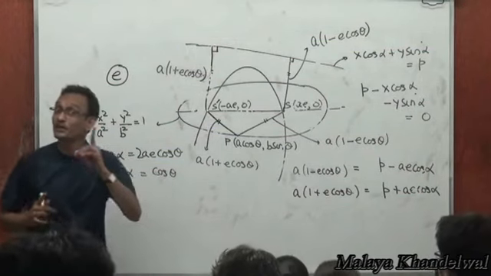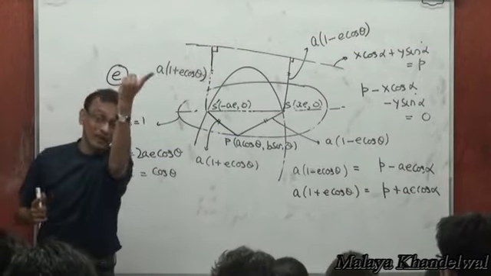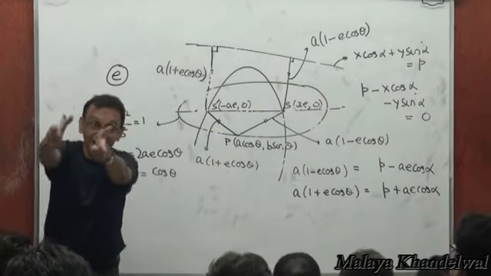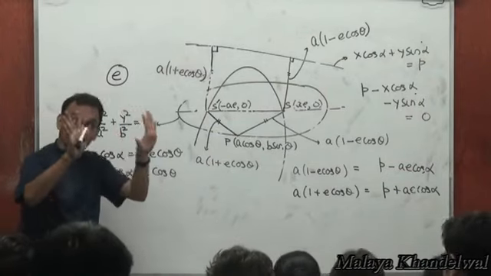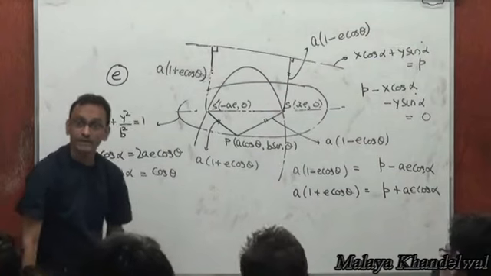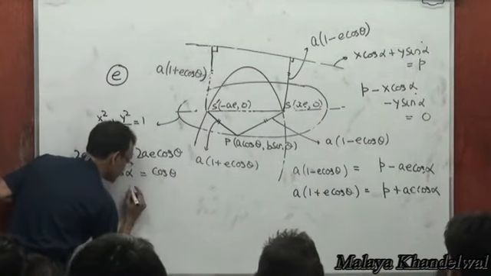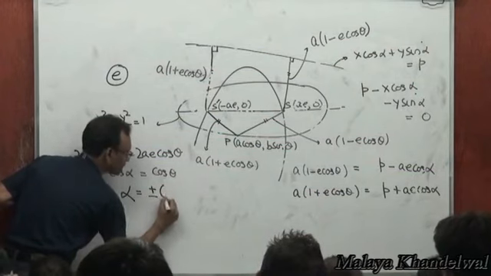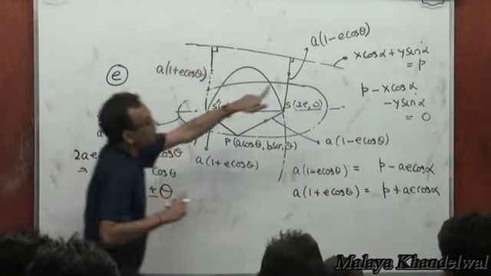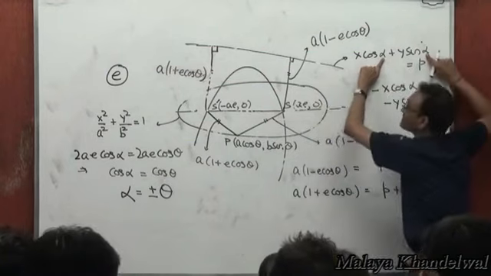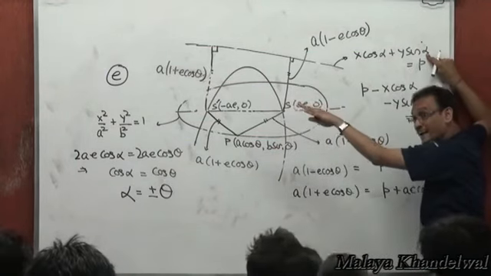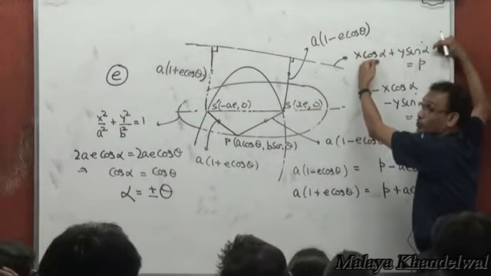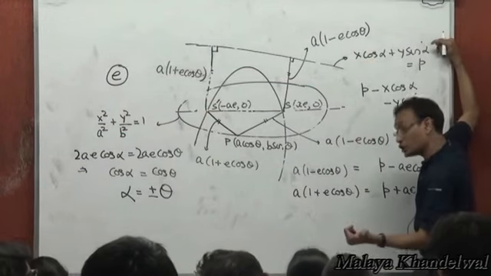Alpha equal to plus theta will give me one of the directrices. Alpha equal to minus theta will give me the other directrix for the other orientation of the parabola. Does it sound alright? So the alpha that we were seeking for the directrix could either be plus theta or minus theta.